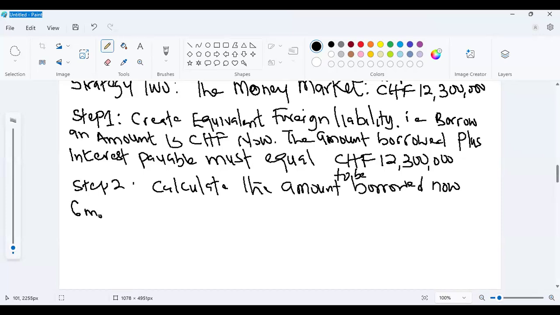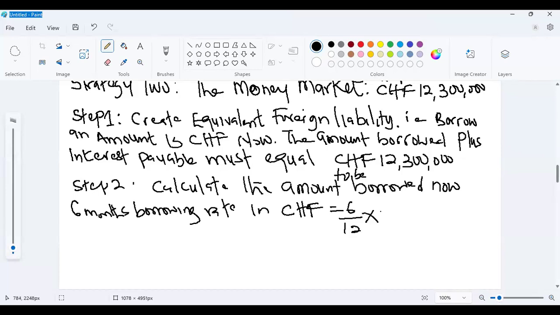Six months borrowing rate in CHF is equal to 6/12 multiplied by 4.4%. That will give you 2.2%. This is the 6-month borrowing rate.